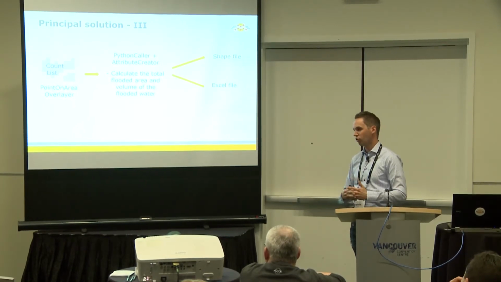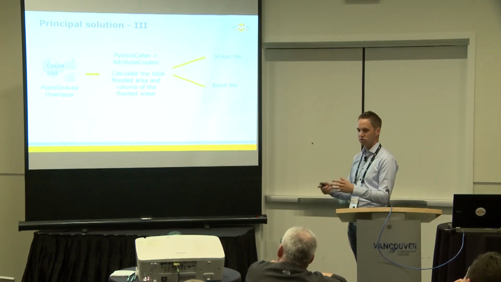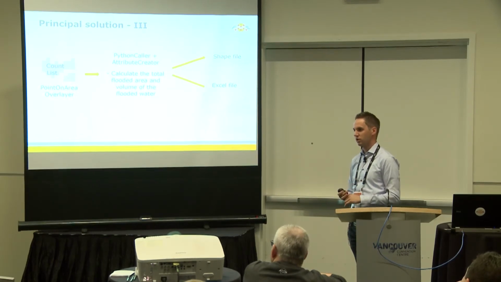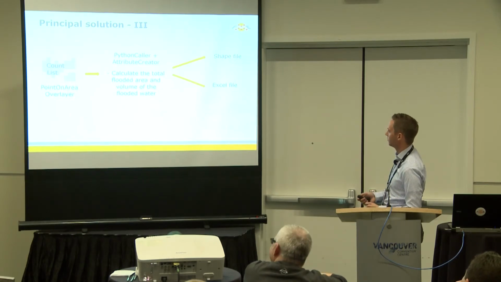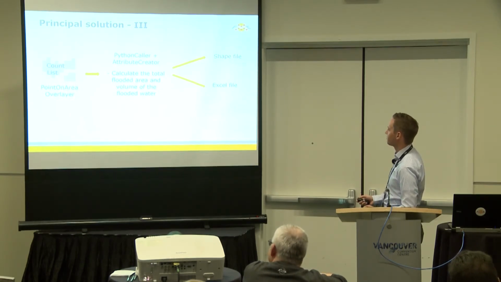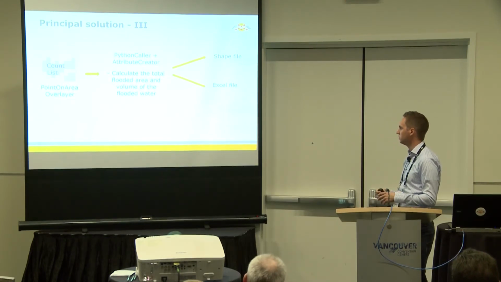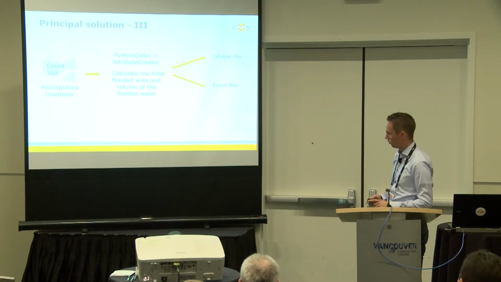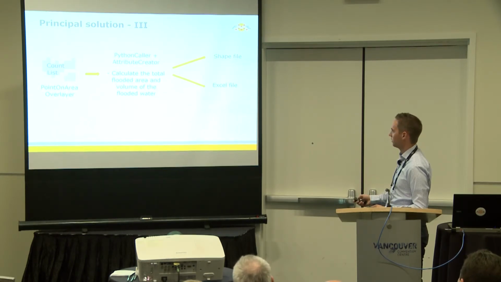But I think it's quicker to do it with the Python caller, because there are some built-in functions in Python to do some statistical analysis of lists, and I also think it's more fun to do it in Python, so I've done it in Python. Yeah, so I use these two, Python caller and the attributes creator, to create the attributes I need to represent the total flooded area and the volume of the flooded water. And then I just take this and export that as a shapefile, and I export it as an Excel file.